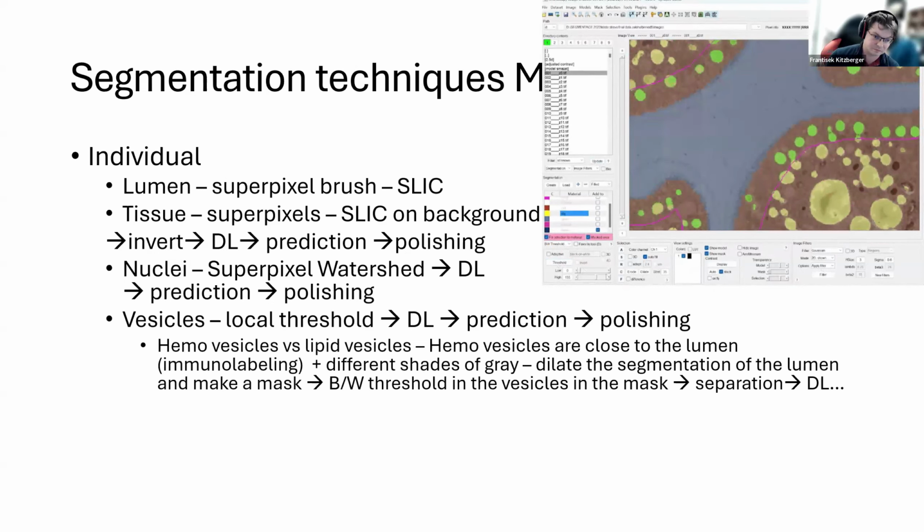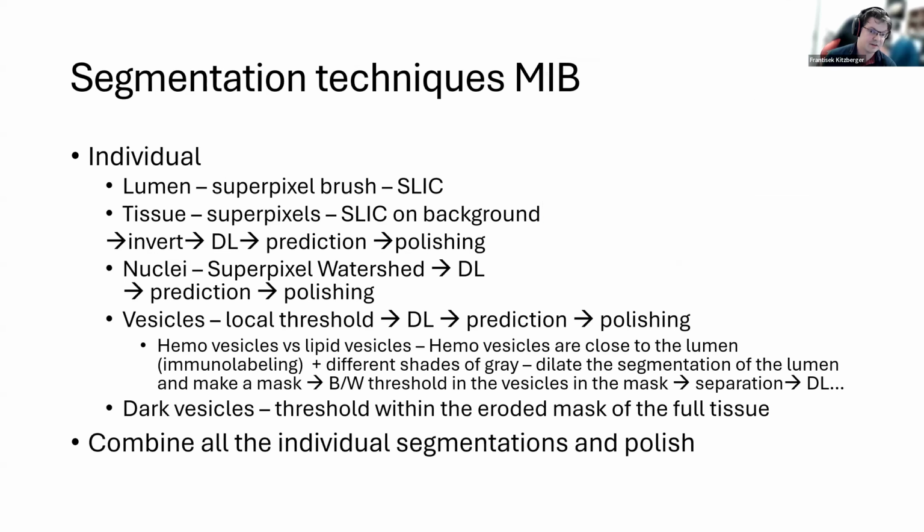Again, we then polished this rough automatic selection, and did the deep learning and prediction for the rest. And the last part, which will be visible in the final model, were dark vesicles, which were completely black, and they were really easy to select because we could just do the black-white threshold within the eroded mask of the whole tissue.